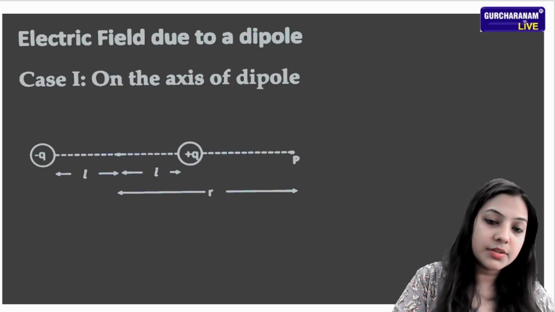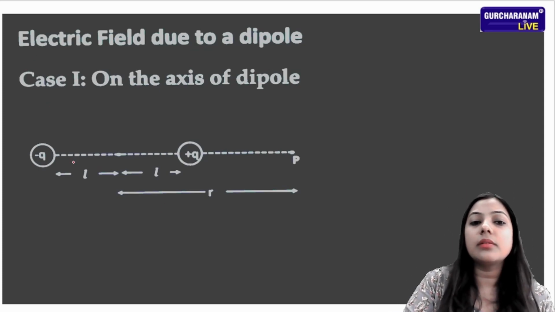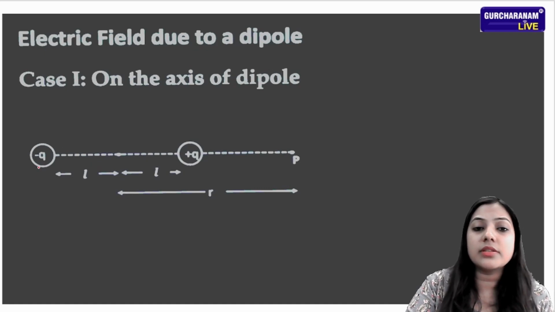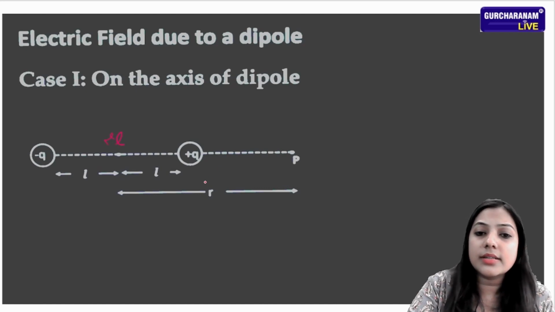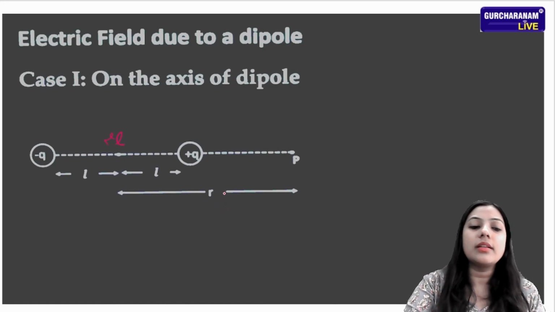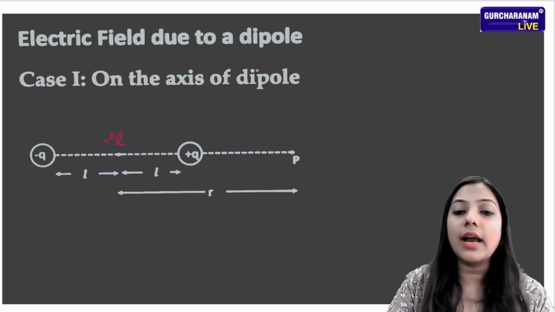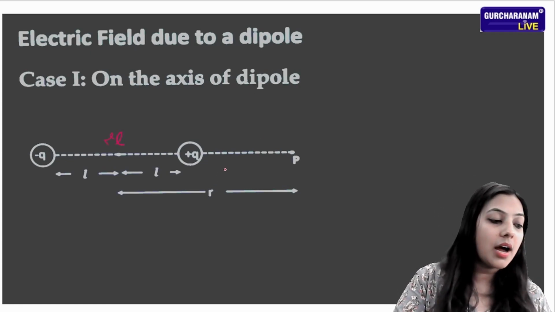Okay, so you can see in this diagram there is a dipole, which has the minus q charge and plus q charge, and they are separated by the distance 2l. The distance between the center of the dipole and point P is r.